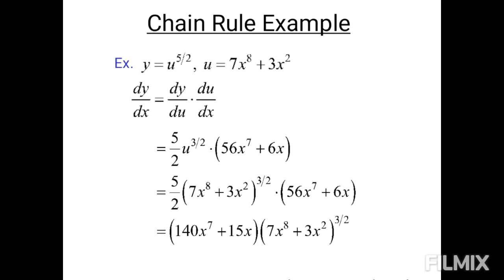Multiply to the quantity 7x raised to the 8 plus 3x squared raised to 3 halves. You need to stop on this part because you don't need to perform this. It is in its simplest form already. So this will be our answer for this given example.